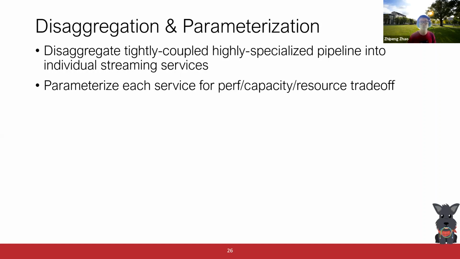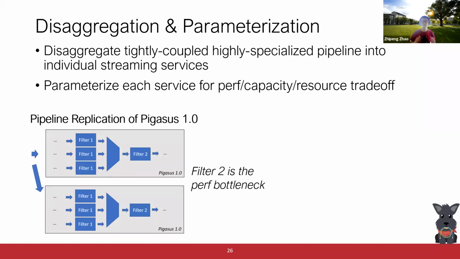Here I'm going to show you a simple example to give you an idea of the benefits of disaggregation and parameterization. Here we make a case that the second level filter becomes a performance bottleneck. With the existing Pigasus 1.0, users either have to dig into the code base and make manual changes, which could be very time consuming and error prone, or replicate the entire pipeline in order to catch up with the performance target.